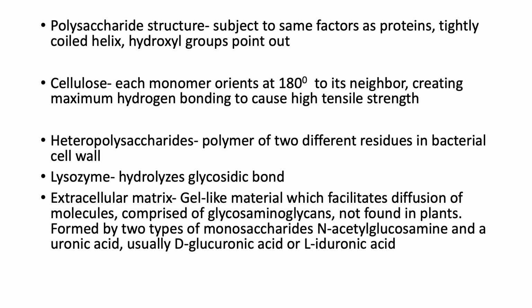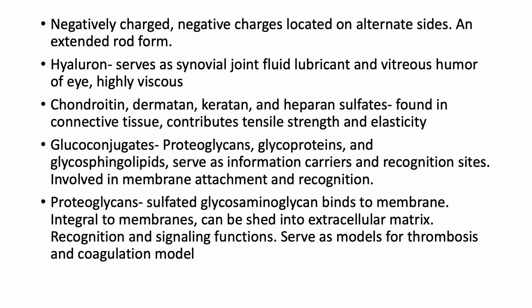But they're just strictly points or tenets that make these particular polysaccharides particularly special. These polysaccharides are negatively charged, and negative charges are located on alternate sides. If you took the ring form, the pyranose or the furanose, and you hydrolyzed to eliminate the ester bond, you'd have a linear form.